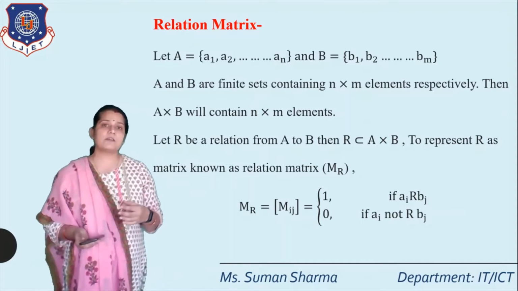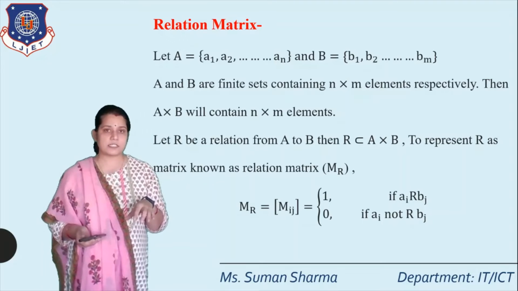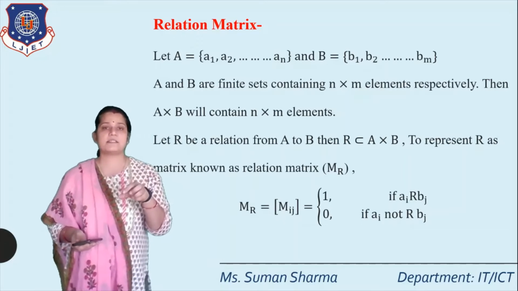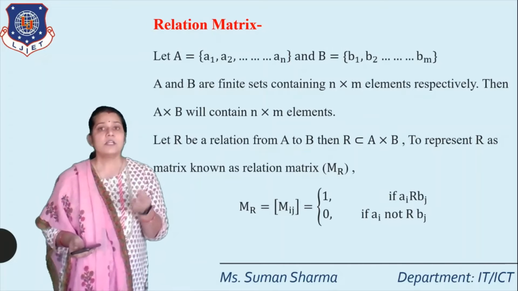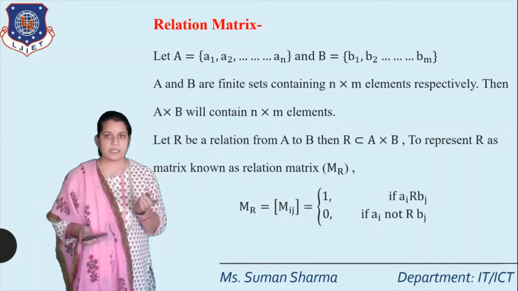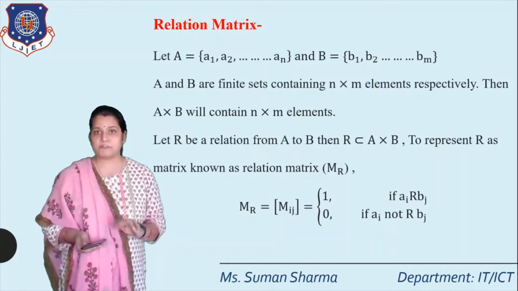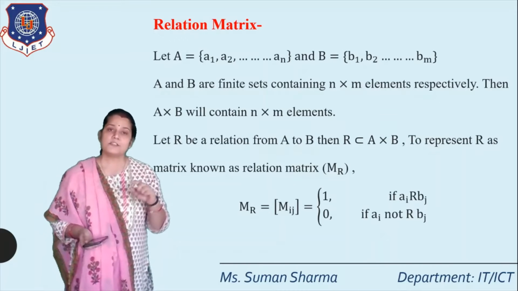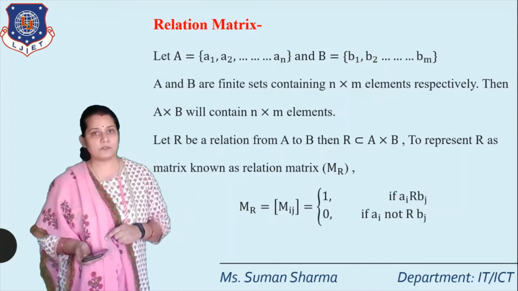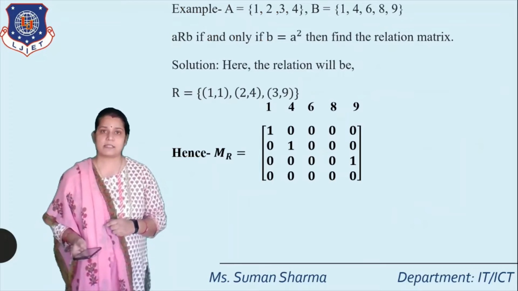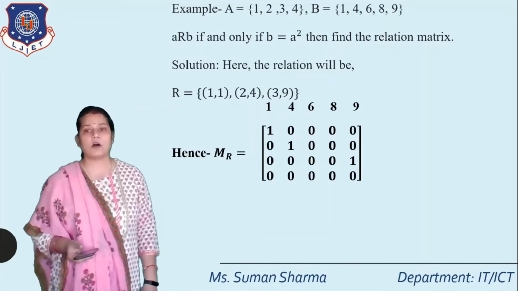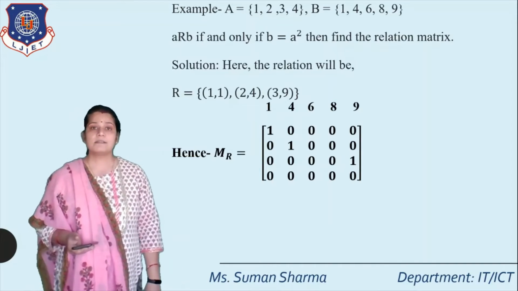So if we find the relations, if relations are present according to your set, you write 1, A related to B. But if A is not related to B, we write 0. This is called the relation matrix. So this is the example of the relation matrix.